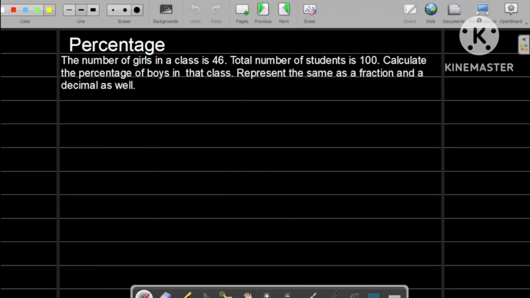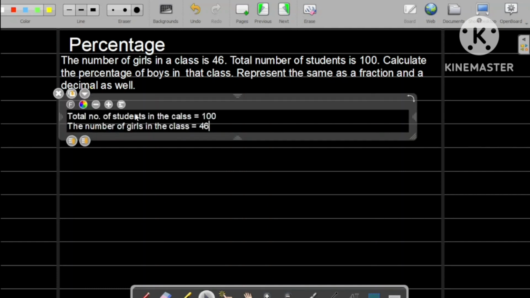Over here, what we need to do is, we need to first find out the number of boys in the class. Total number of students has been given as 100. So over here we'll start writing, right? The total number of students in the class is equal to 100. The number of girls in the class is equal to 46.